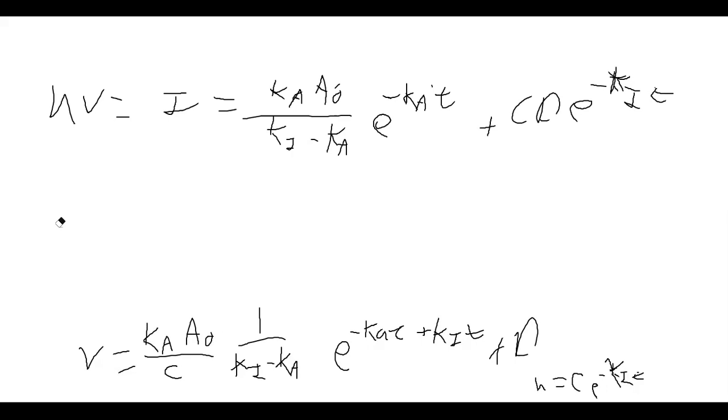So we have a way to look at the I in just terms of constants. The problem is we don't know cd.